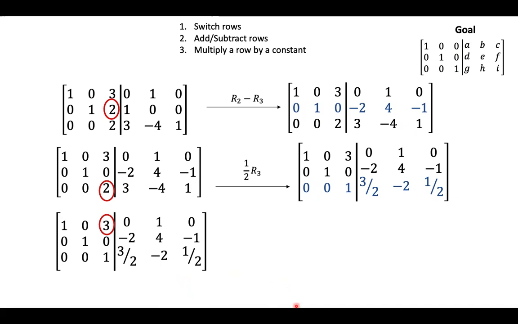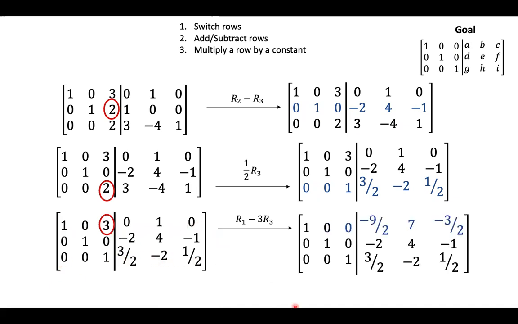So let's use a similar strategy as we did in the first step, and take the first row and subtract 3 times the third row. And when we do that, we will get this matrix. So take a minute to check that and make sure you see how to do this elementary row operation.